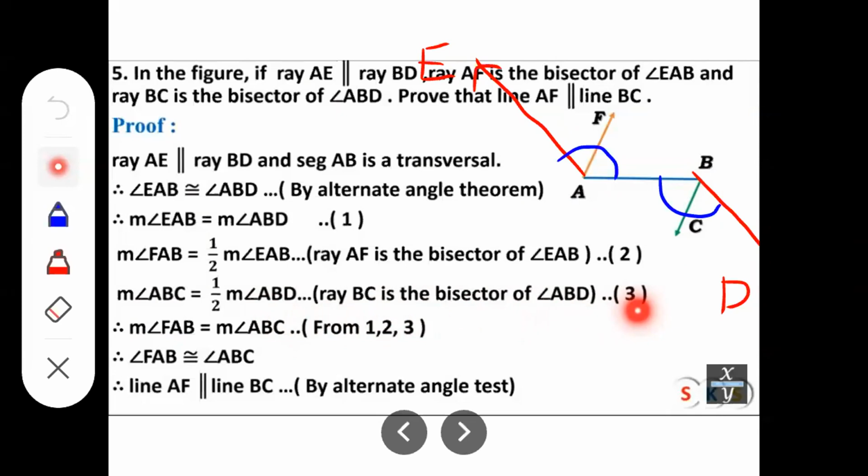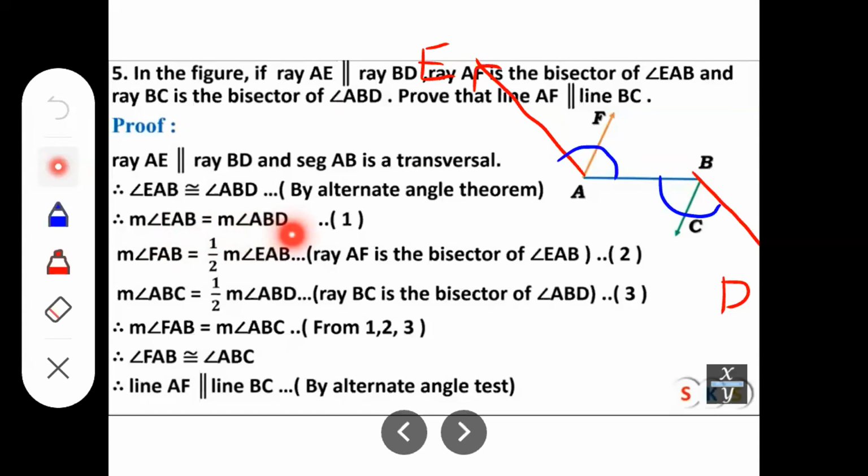Now see the three equations, this 1, 2, and 3. In equation 1, what is given? That EAB is equal to ABD.